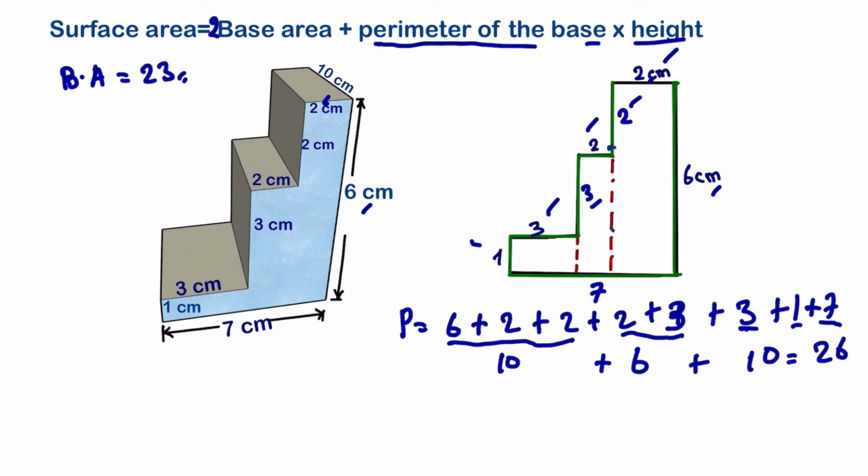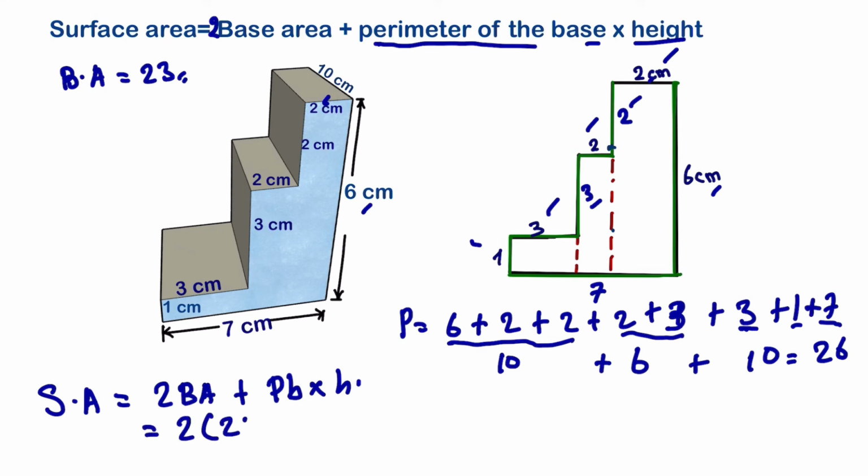So now we have all that is needed to calculate the surface area. Surface area is equal to 2 times the base area plus the perimeter of the base times the height. So this will be 2 times 23 plus the perimeter of the base, which gave us 26, times the height.